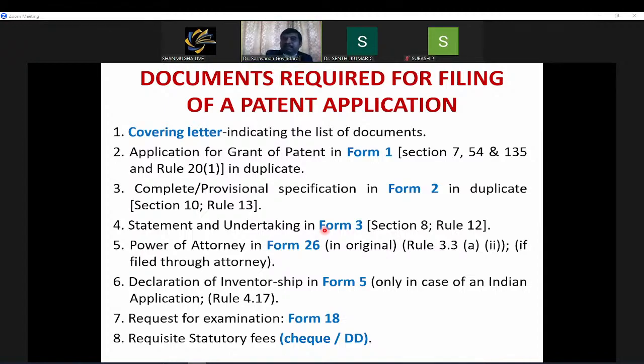Like that, a simple covering letter. There you should indicate all the documents and forms you attached. And with the specified amount of fee, either by check, DD, or nowadays digital transactions are also available, by means of that you need to pay and file your applications.